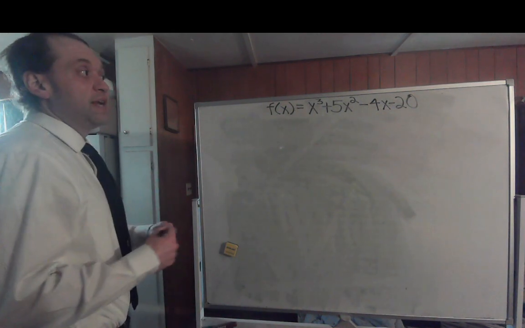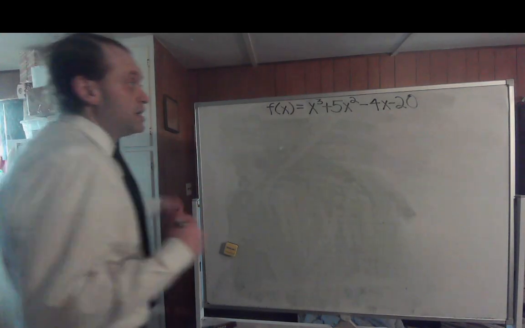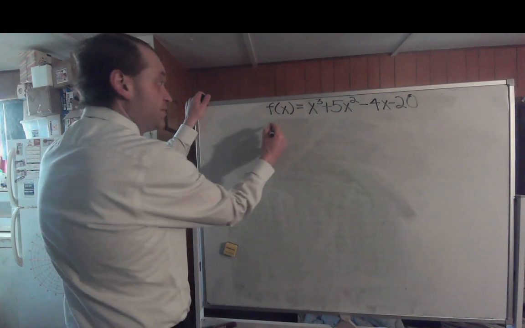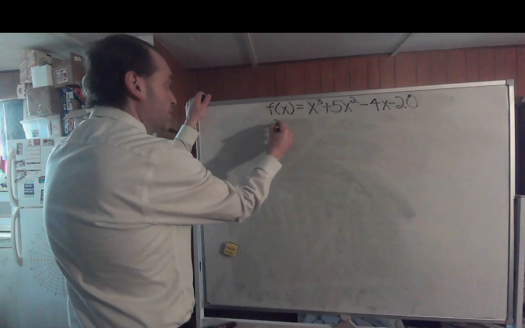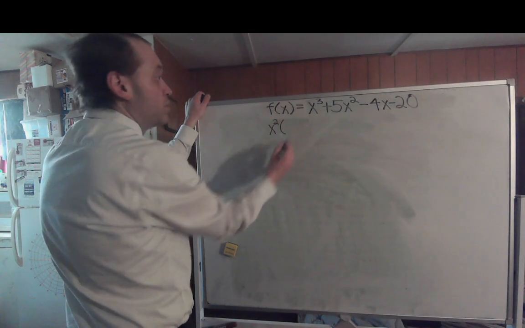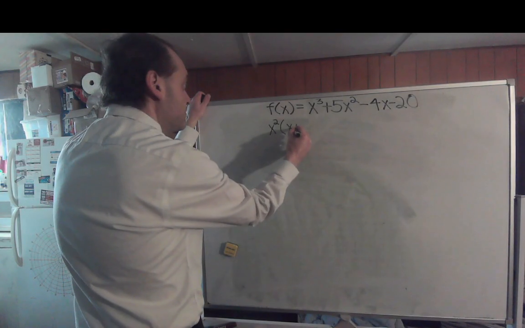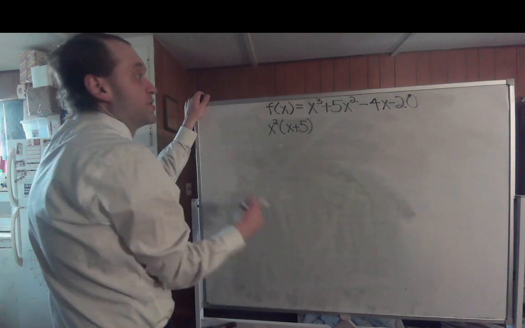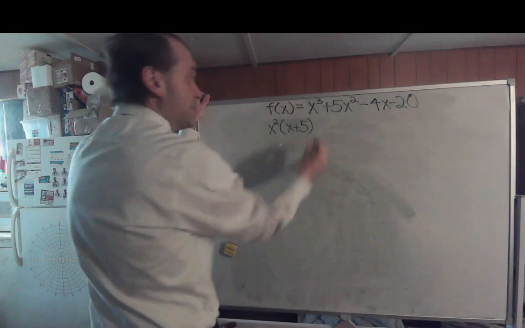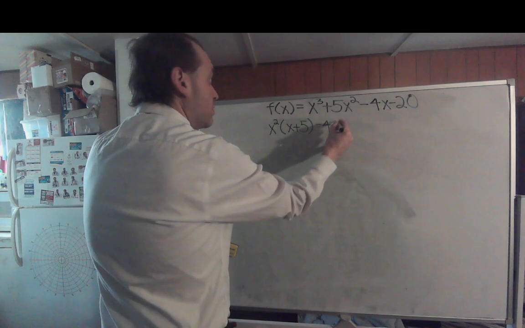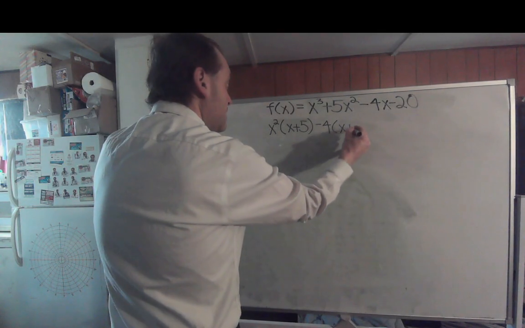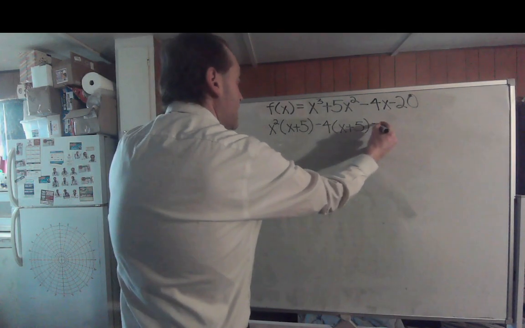This is one you can actually factor by grouping. Look at your first two terms, you can definitely factor out a common x squared, right? You'll have an x squared times the quantity of x plus 5. And then for your second two terms, you could factor out a negative 4, so you'd have negative 4 times x plus 5. All that equal to 0.